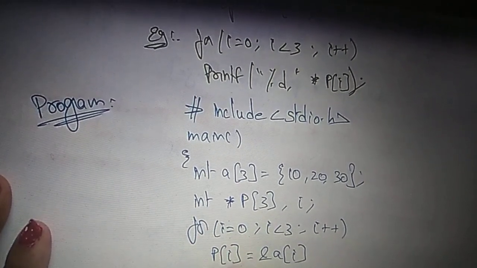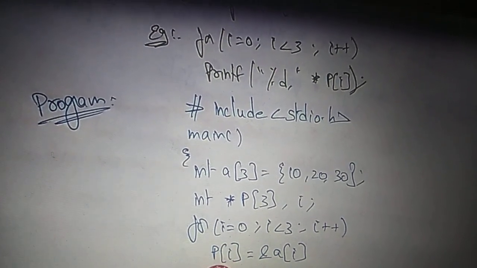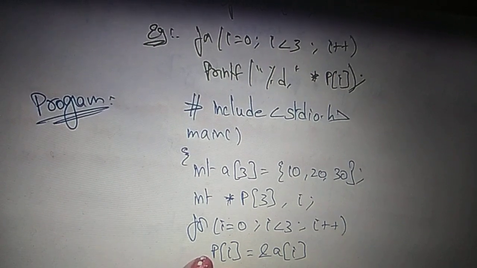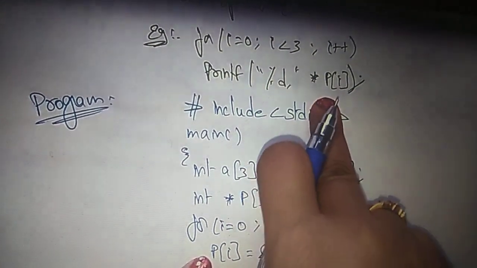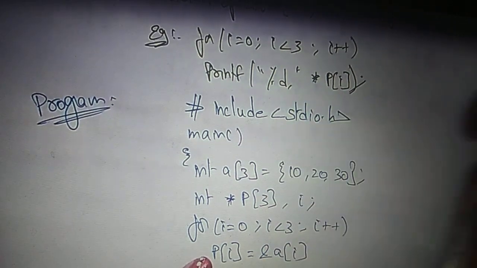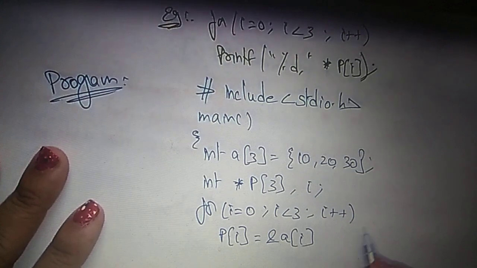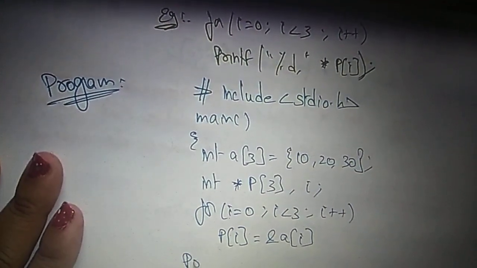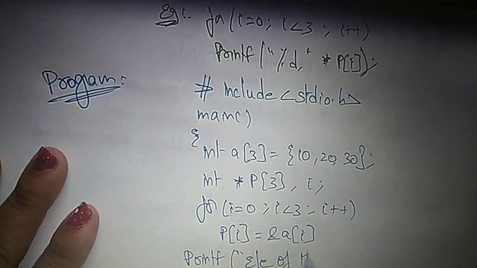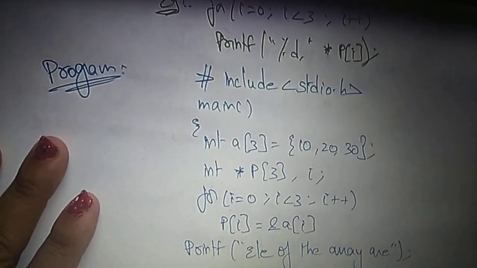If you want to get the value, this p of i now holds the address. So if you write pointer p of i, it prints whatever value is present in that address location. So p of i is equal to address of a of i. Now printf, elements of the array are.